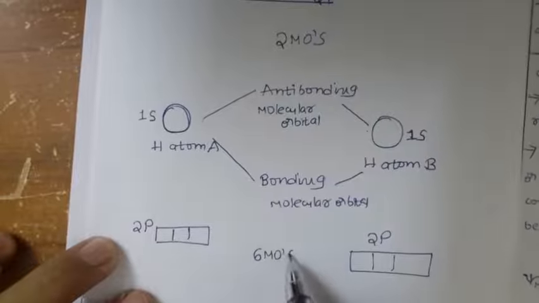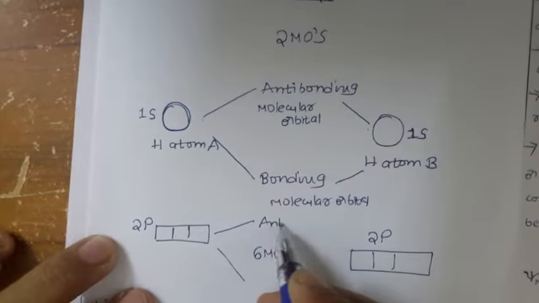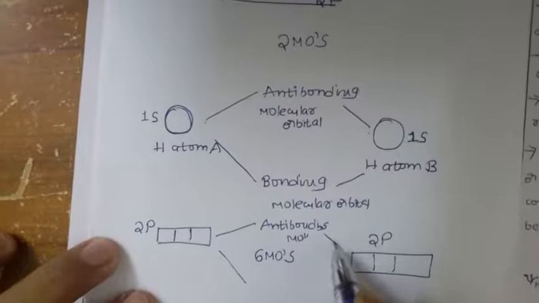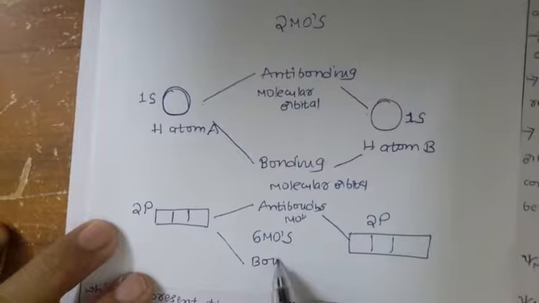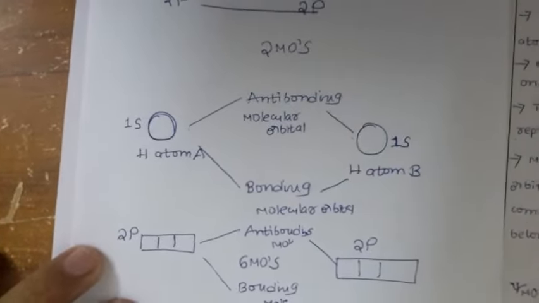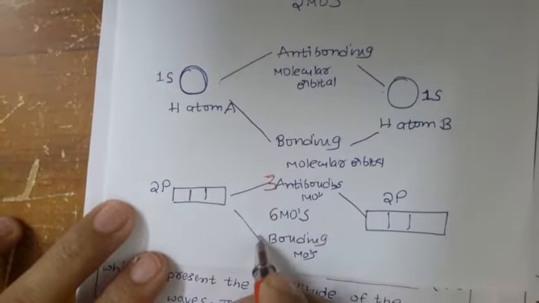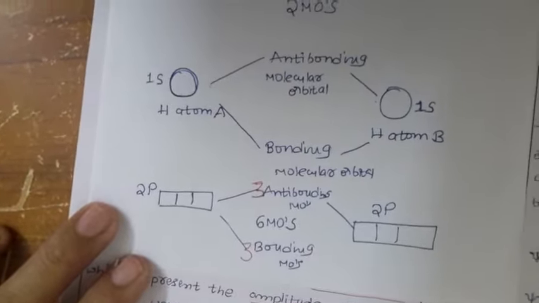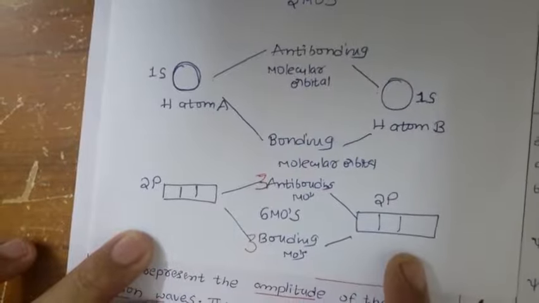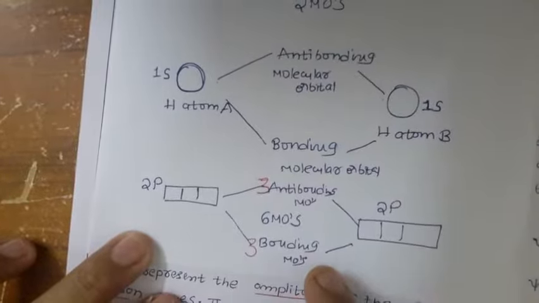Of these 6, 50% are anti-bonding and 50% are bonding, so you get 3 anti-bonding molecular orbitals and 3 bonding molecular orbitals.